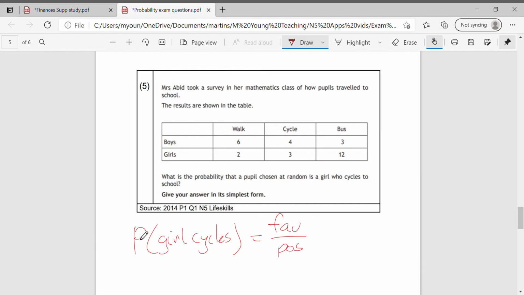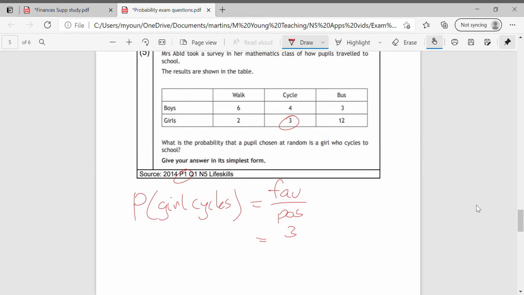And I should say these were all non-calc as well. So girls that cycle, well, it's 3. Alright, now this question is slightly different. It is the probability that a pupil chosen at random.